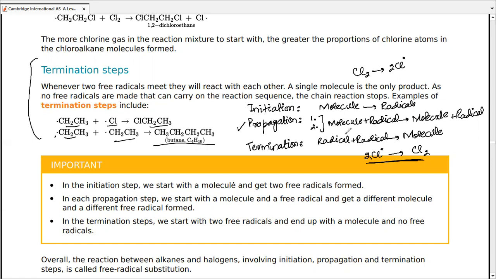Why do I keep saying the propagation goes as a chain reaction? Because one single chlorine free radical, when we talk about the ozone layer and about them being destroyers of the ozone layer, as I discussed in my previous examples, is capable of breaking this many ozone molecules before the radical even goes for the termination process.